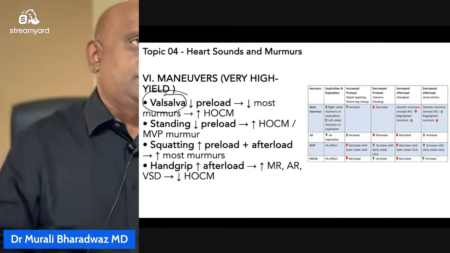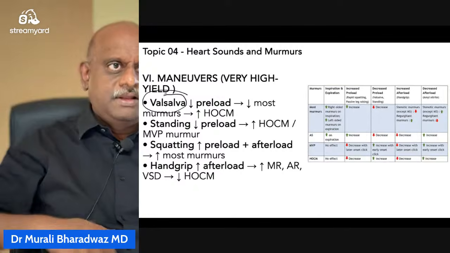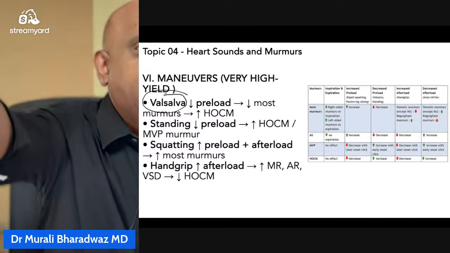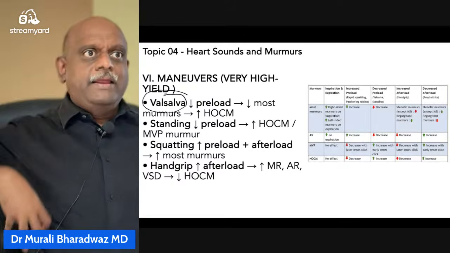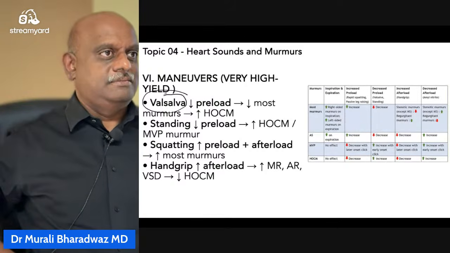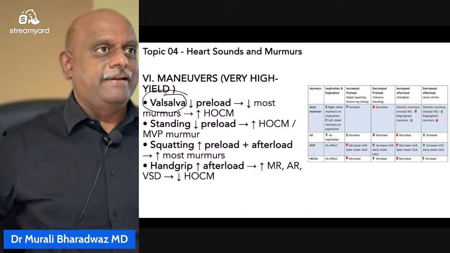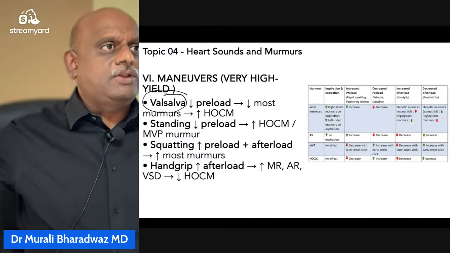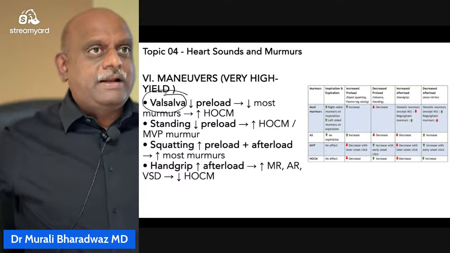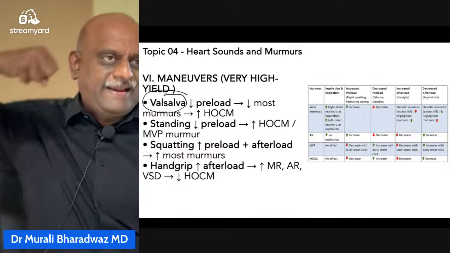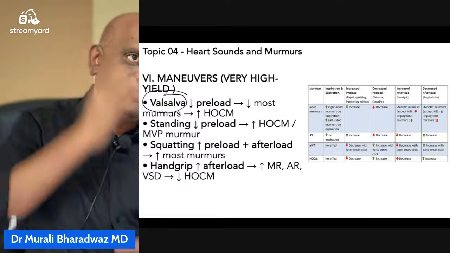There are two things. One is inspiration of the air, the other is expiration of the air. When you inspire the air, there is a negative intrathoracic pressure. That negative intrathoracic pressure will have a sucking effect, like you are drinking coconut water using a straw.